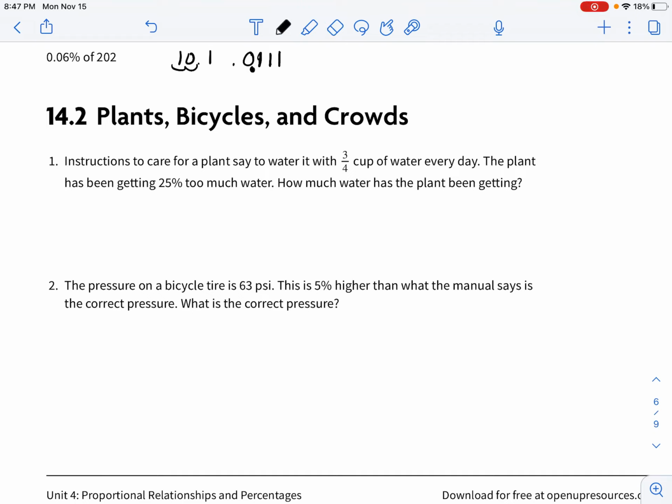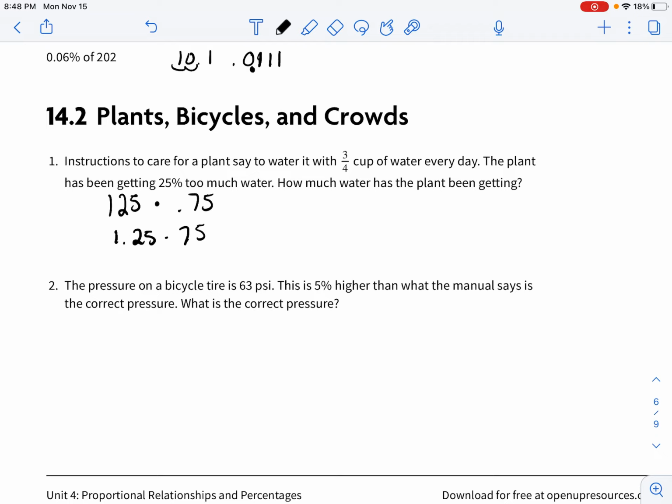So it's getting 125% of the 0.75. 3/4 is just 0.75. So if you take 125% of that, that's going to be 1.25 times 0.75. It's tempting to go, oh, well, that's another 25, or so it's just 25, but that'd be 25% of 100.